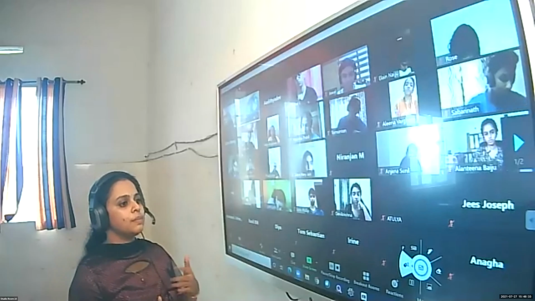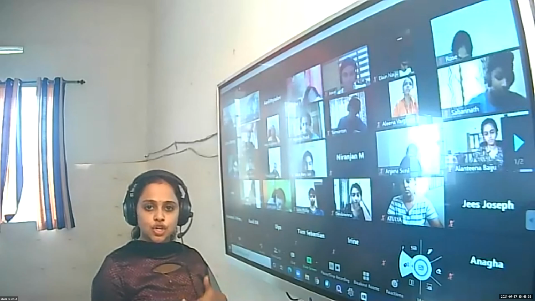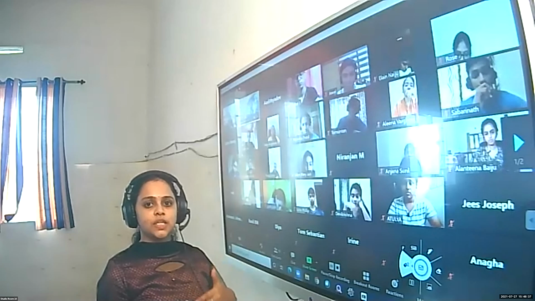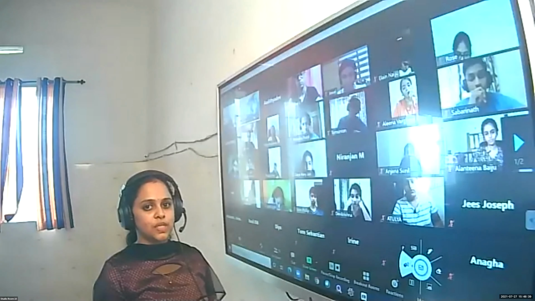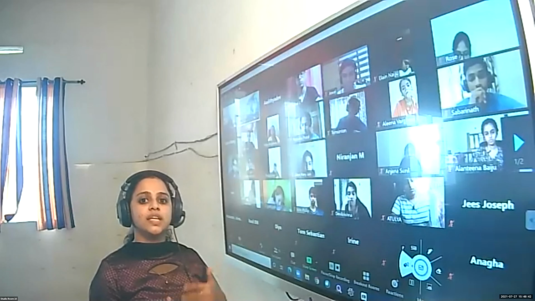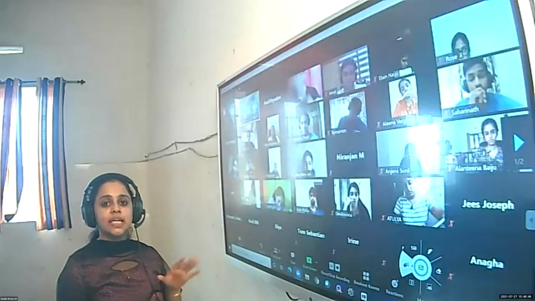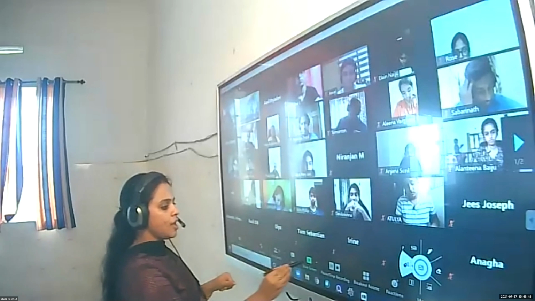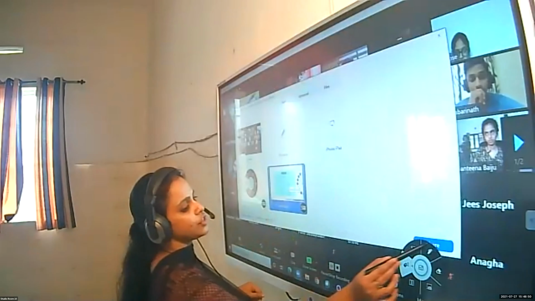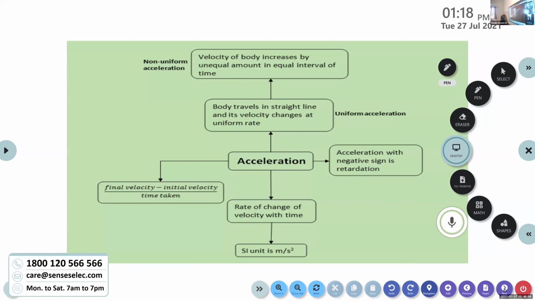So here we have some data regarding the position of the object, velocity of the object, and acceleration of the moving object. We can represent all these physical quantities pictorially. That is what is known as graphical representation of motion. First of all, let us see a definition for graph. Then we can move to the graphical representation of the motion.